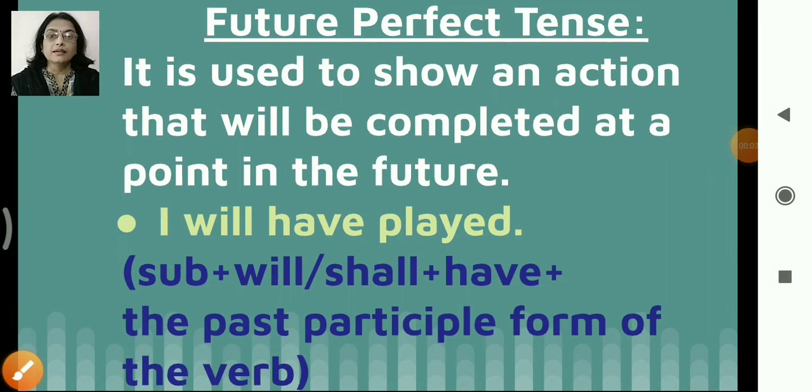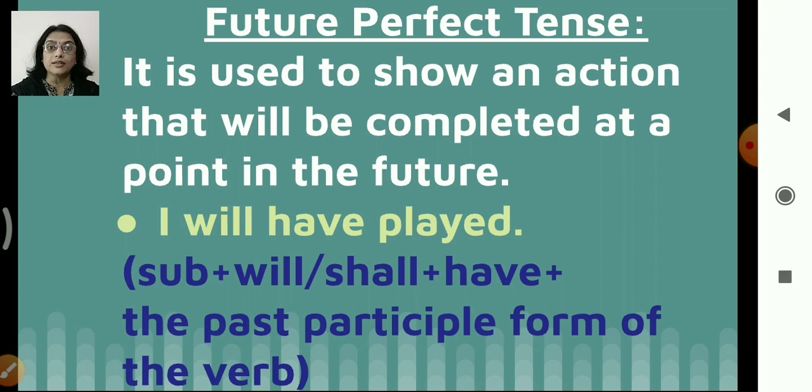Then we have future perfect tense. This tense is used to show an action that will be completed at a point in the future. Perfect means the activity will be done.